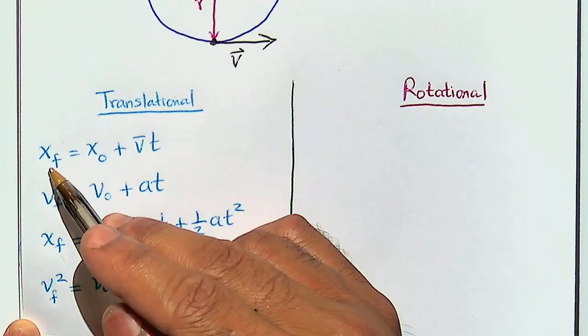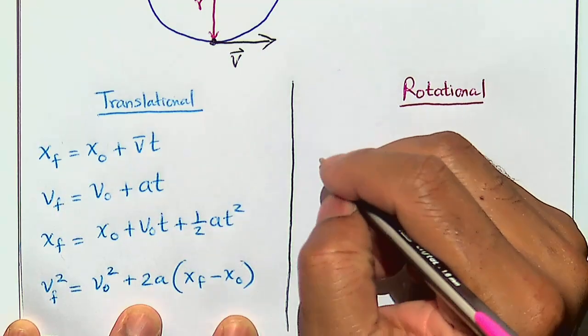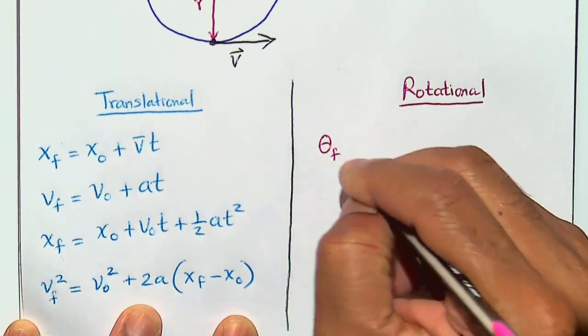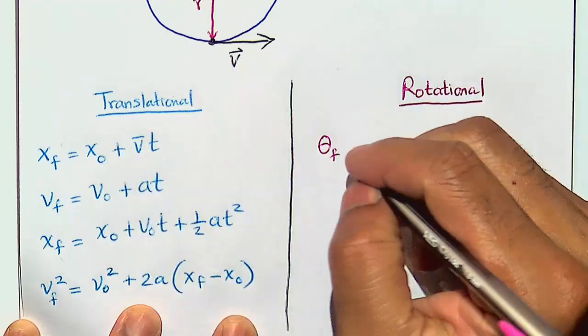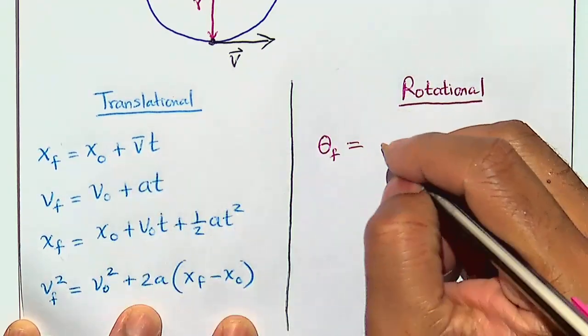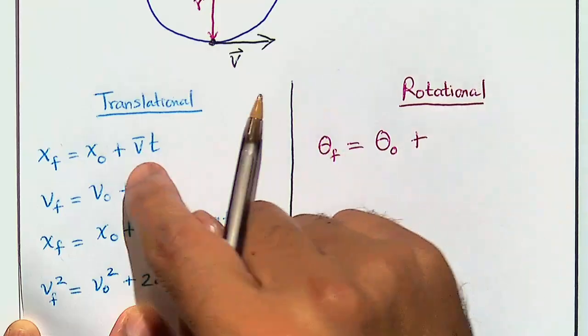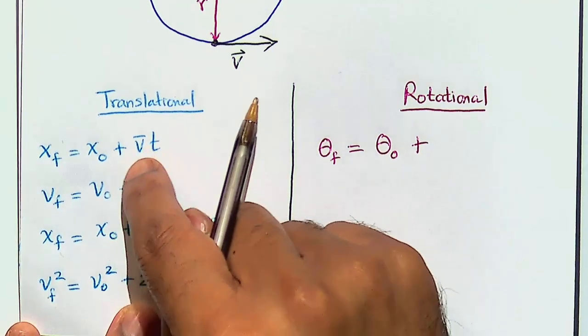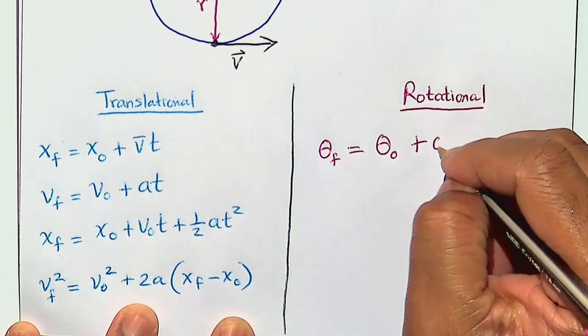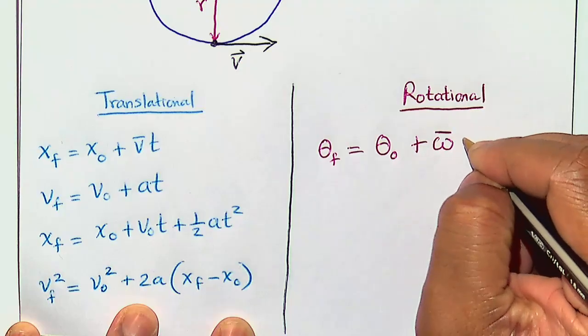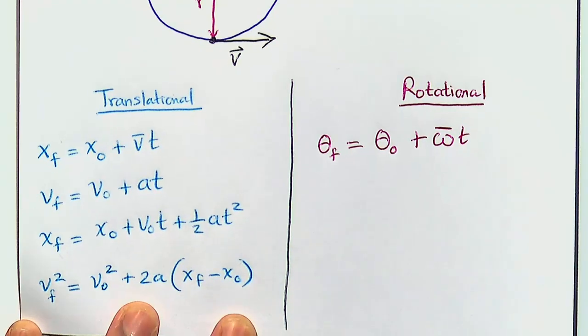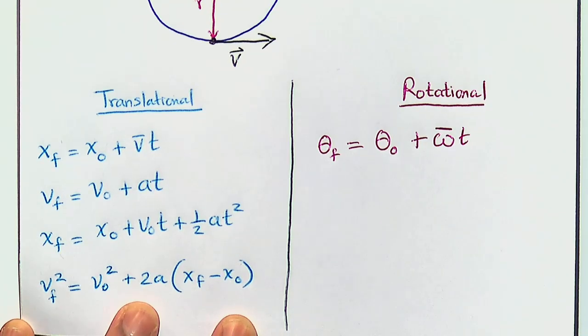So position final, what's the rotational equivalent of position? That's theta f is equal to position initial, theta naught, plus the average angular velocity times time. So you see the symmetry here, that all you have to do is copy and swap out the terms, and you get the rotational equivalents for free, essentially.